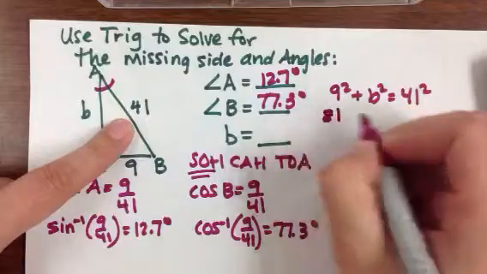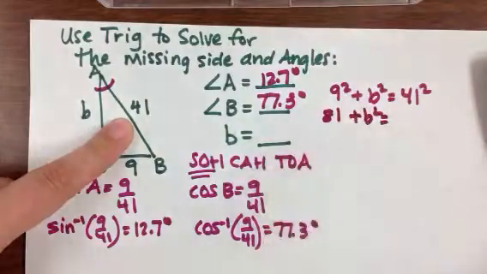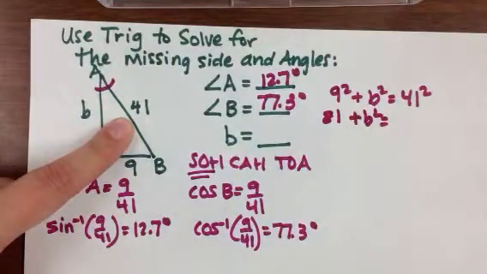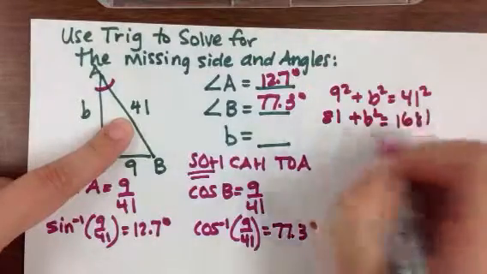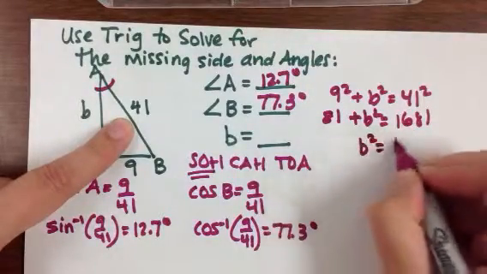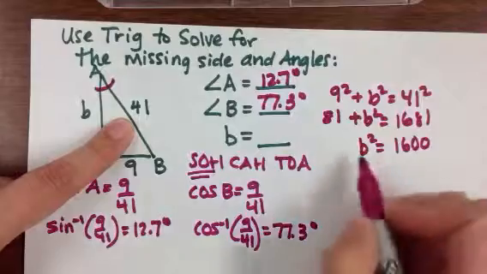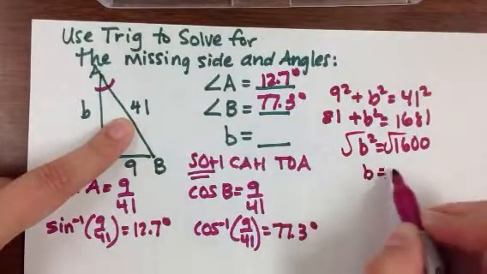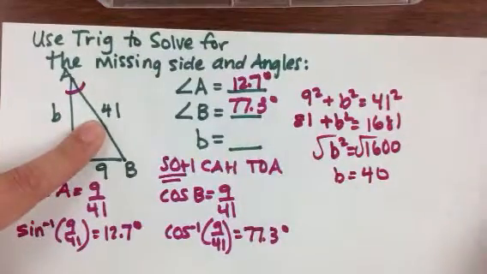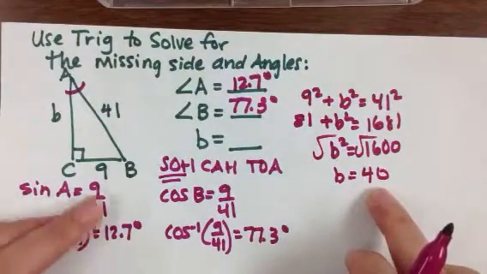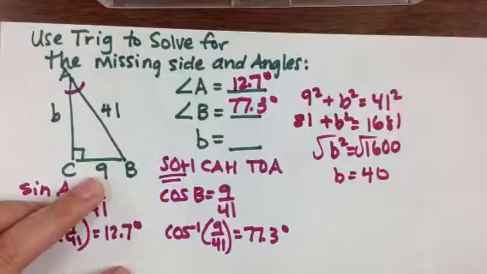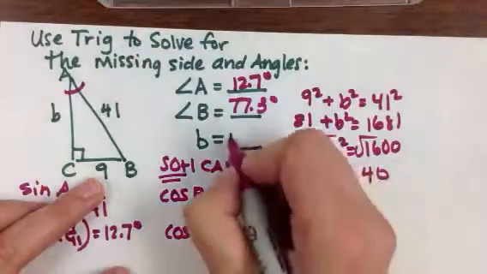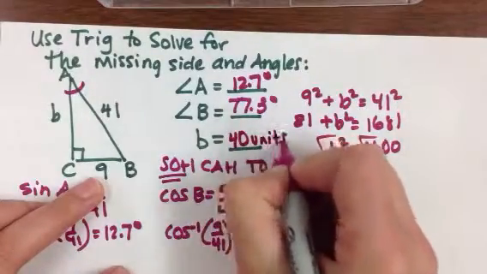So 9 squared is 81, 41 squared is 1681. Subtract 81 from both sides, and b squared equals 1600. Take the square root of both sides to get b alone, and b gives me 40.